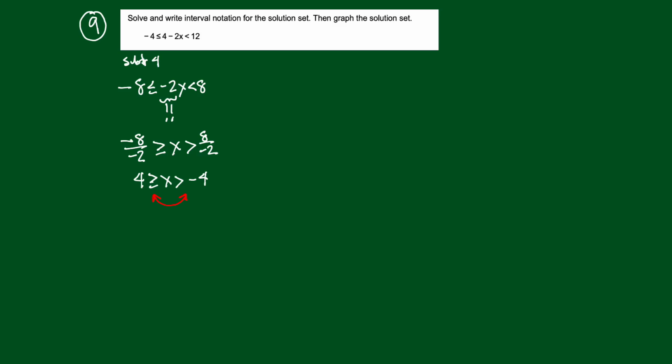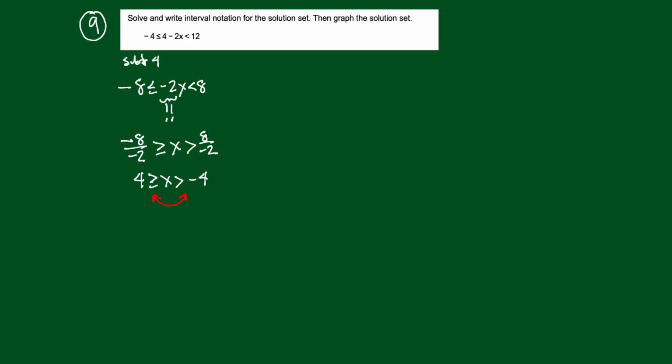When you do that, everything gets reversed, so it now looks like negative 4 strictly less than x less than or equal to positive 4. All I did is pick this thing up and flip it over, so the negative 4 came over here and the positive 4 came over here.